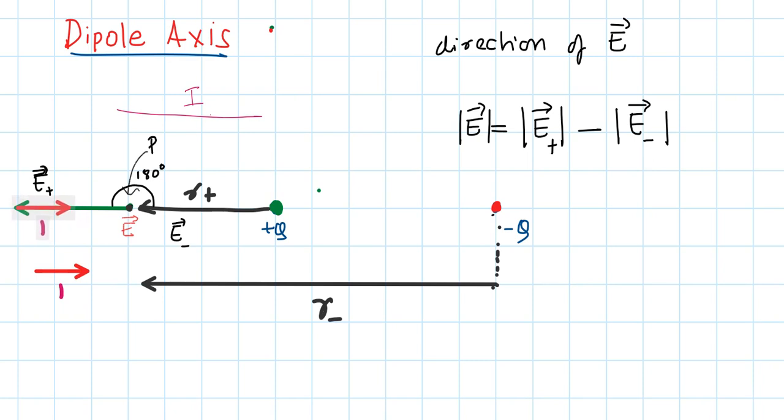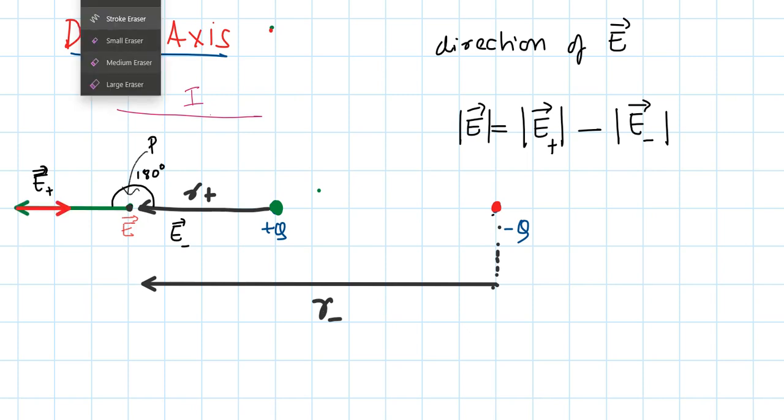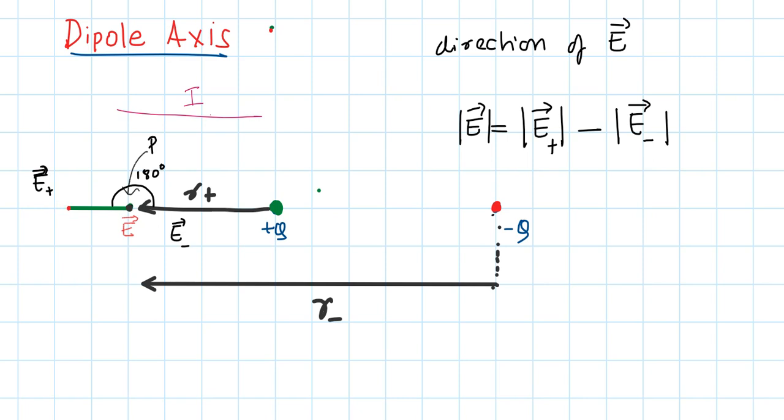So I'll have to remove that much from the E plus. Whoops, I'm so sorry, I should have used another eraser. So I'm removing that much of vector from E plus, and the remaining vector will be the resultant vector.